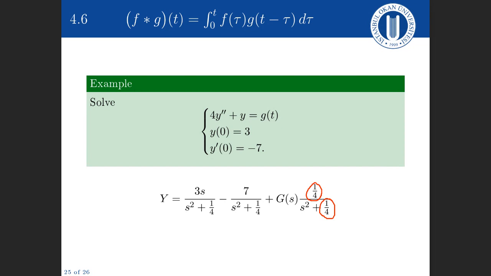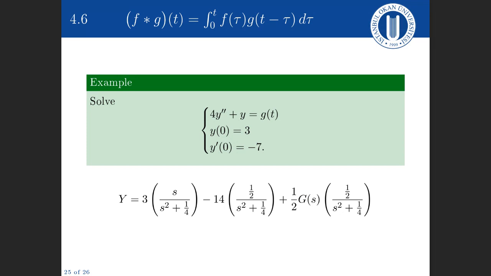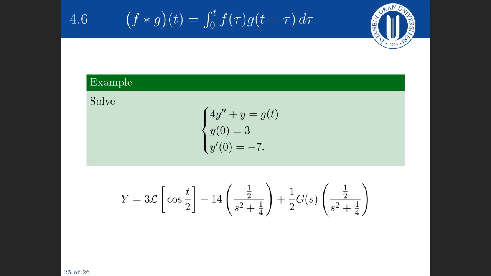If I have a quarter on the bottom, I want to have a half on the top. So let's leave 1/2 there and take the other half away. What we have is 3 multiplied by the Laplace transform of cos t over 2 minus 14.